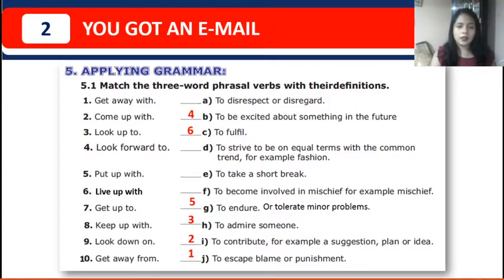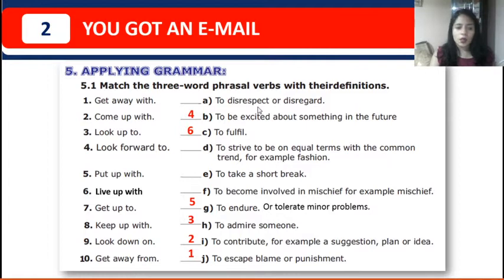Okay. So, for example, listen to my example. The children get up to mischief always when his mom is not there.